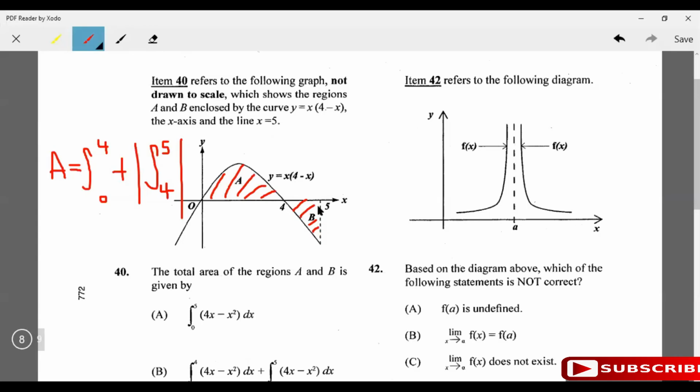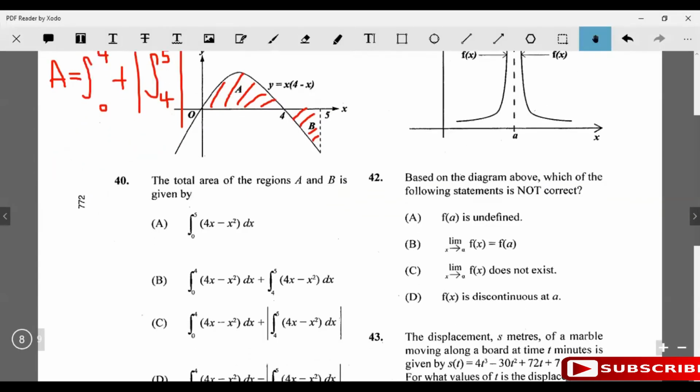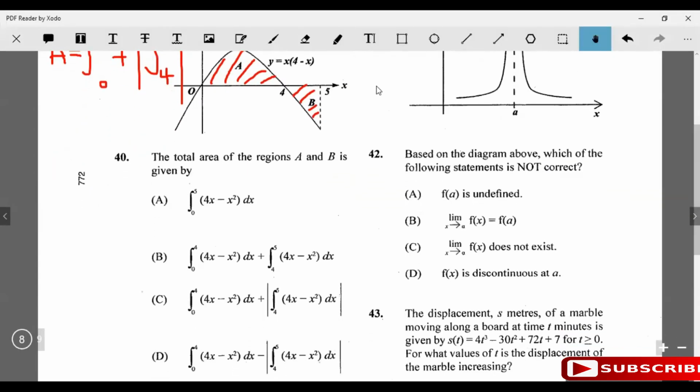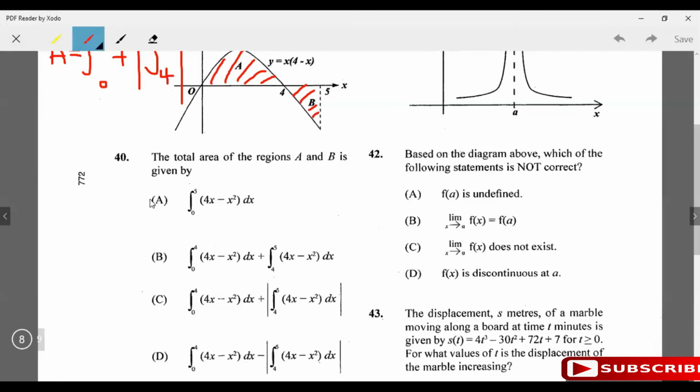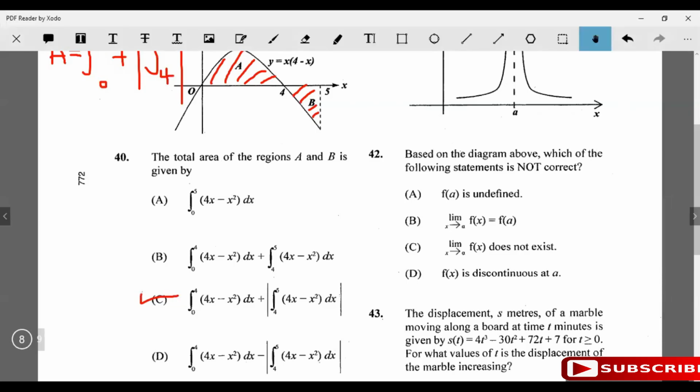But in our case it would be -3, and we don't want -3. It's the modulus of the -3, and that's why we take the modulus. So that's the answer we're looking for, and that looks like option C. Here it is with the modulus. Option C, easy, soft.